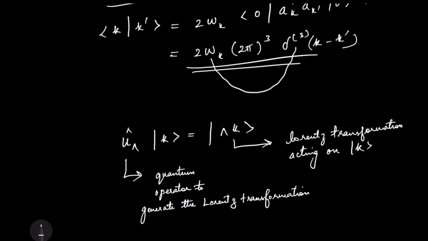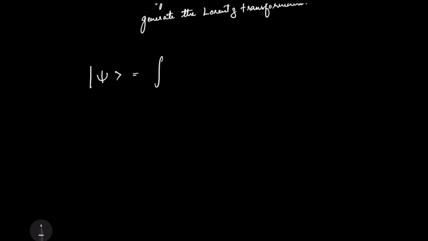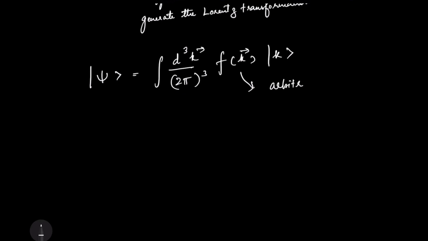A general single particle state will have the following form. Psi is equal to the integral d cube k by 2 pi cube f of k acting on k. Here f of k is an arbitrary function of the vector k or the state k, and you integrate over the spatial momentum here, right?